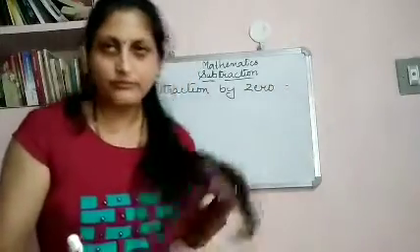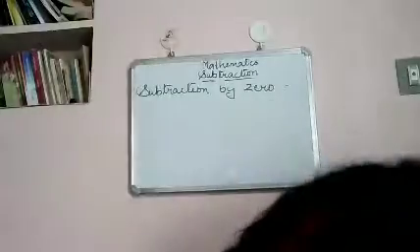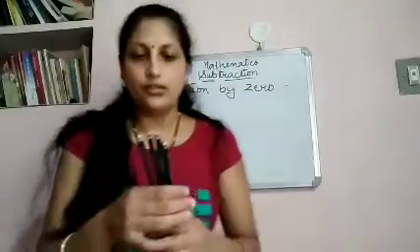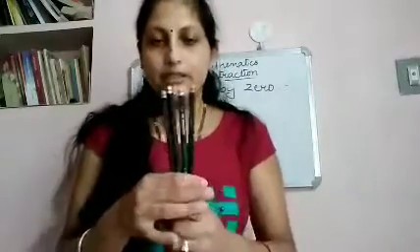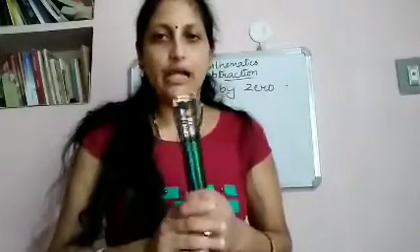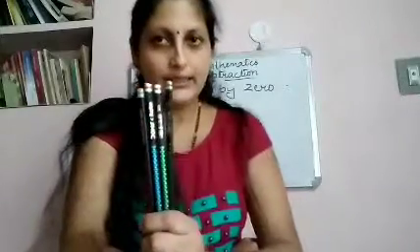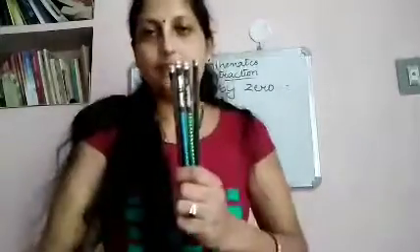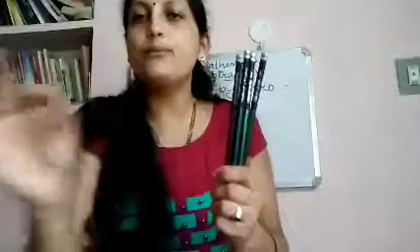See, here I have 4 pencils, okay. So I have 4 pencils here. I will not remove any pencils from here. I will not take away any pencils from here. So there are 4 pencils. I will remove 0 pencils. 0 means nothing. I am not removing anything.